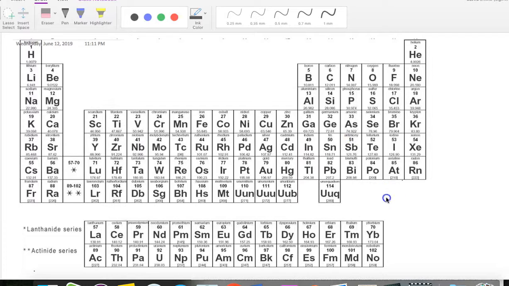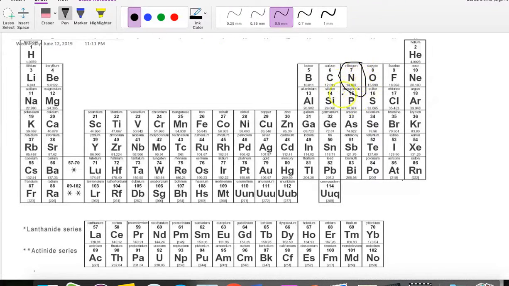And to do that, we can just look at our periodic table. So here is mine, right here. You can see my nitrogen is right up here. It's number 7. And the molar mass of one nitrogen atom is 14.007. We'll round that to 14.01 grams per mole. But remember, it's not just nitrogen, it's nitrogen N2.